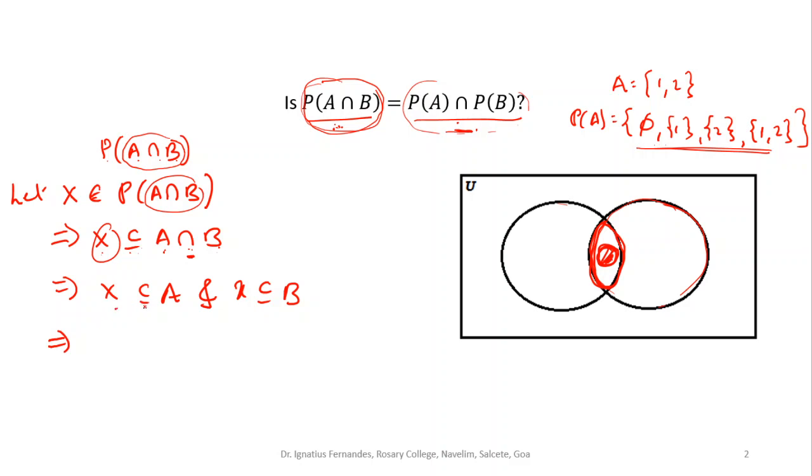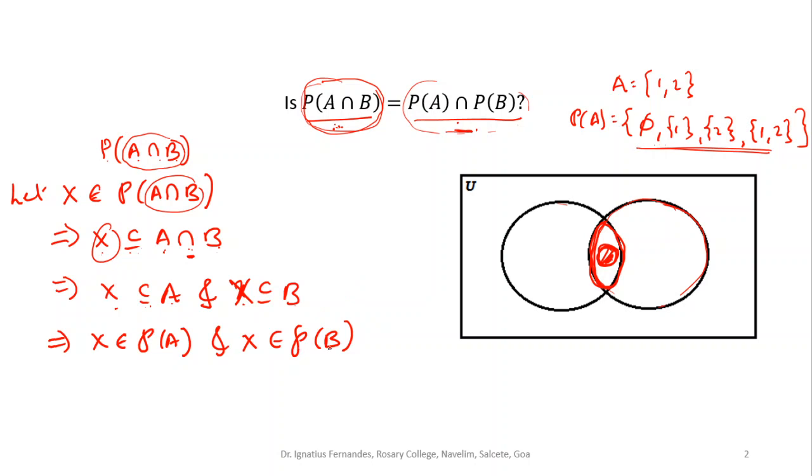If X is a subset of A, X is definitely in power set of A. The same way, if X is a subset of B, X is definitely in power set of B. Why?